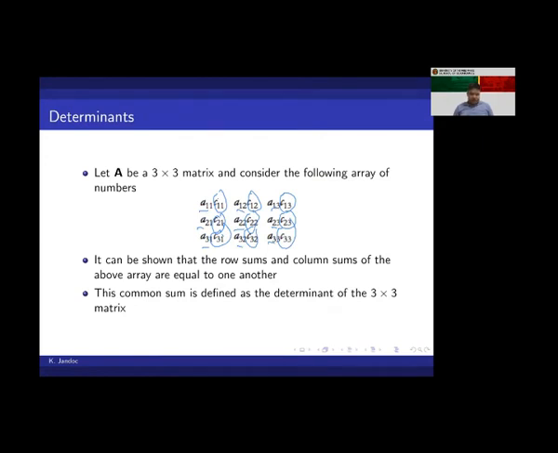Now this is rather surprising, but we can show that when you sum along either a row or a column, for example this row, you get this number, this number, and this number, and you sum them: A11 C11 plus A12 C12 plus A13 C13.